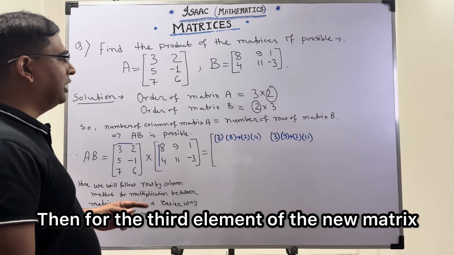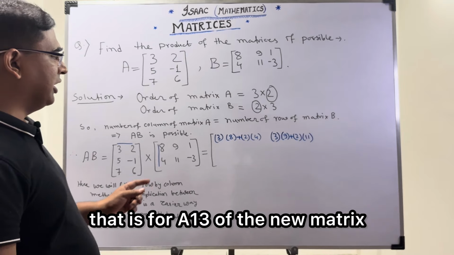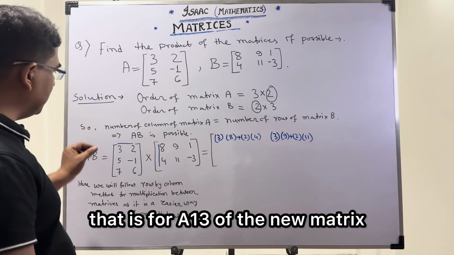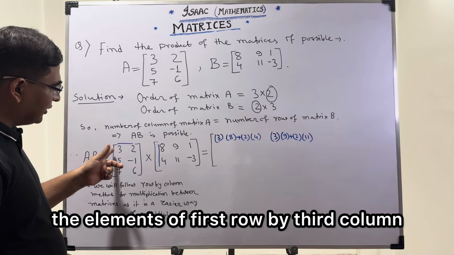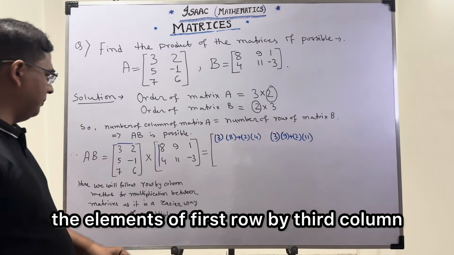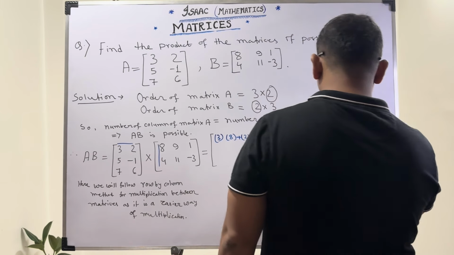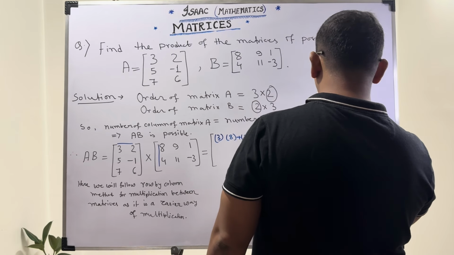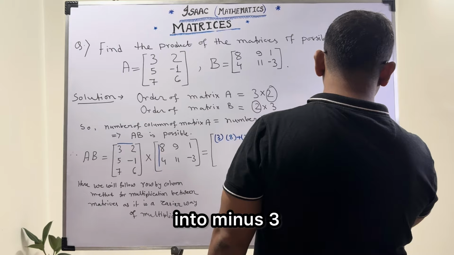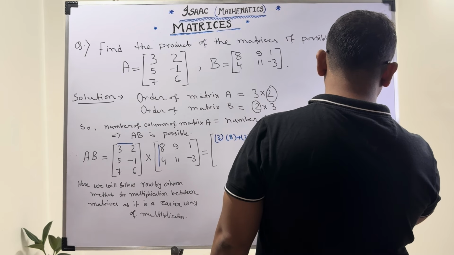Then for the third element of the new matrix, we multiply the elements of the first row by the third column: 3 into 1 plus 2 into minus 3.